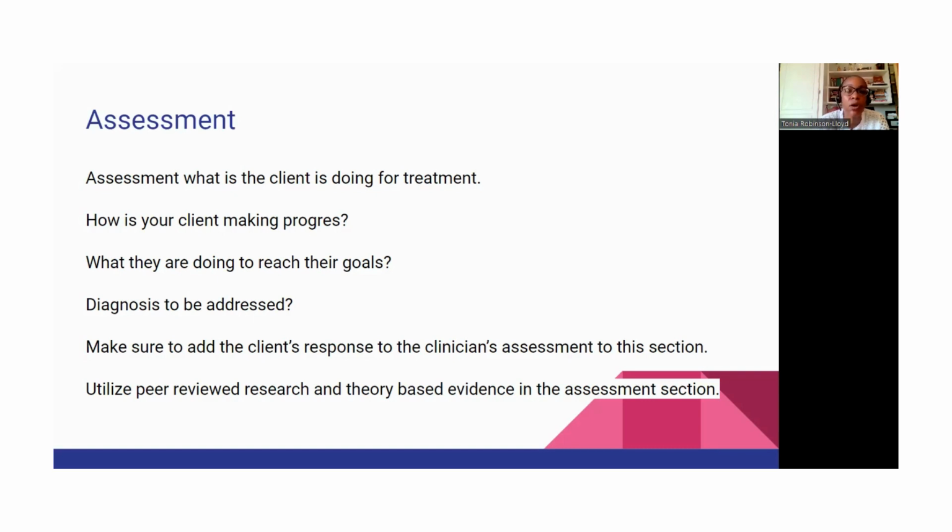You may want to also reference Young's schema approach, right, where you're trying to understand the early maladaptive schemas that were formed and that are still determining the client's choices and lifestyle and everything else, right? And so theory, grounding your clinical approaches in theoretical models, it's essential, very, very essential.